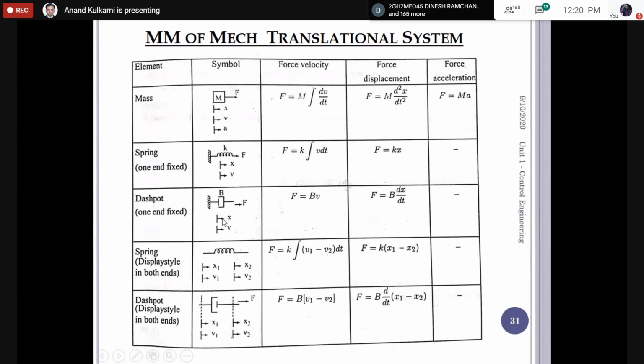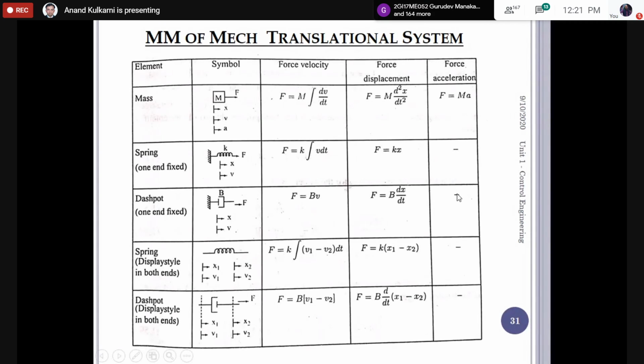Similarly, if you take a damper, B is the damping coefficient. You want output in terms of displacement or velocity or acceleration. In terms of velocity, damping coefficient multiplied by velocity, that is dx by dt, is force.